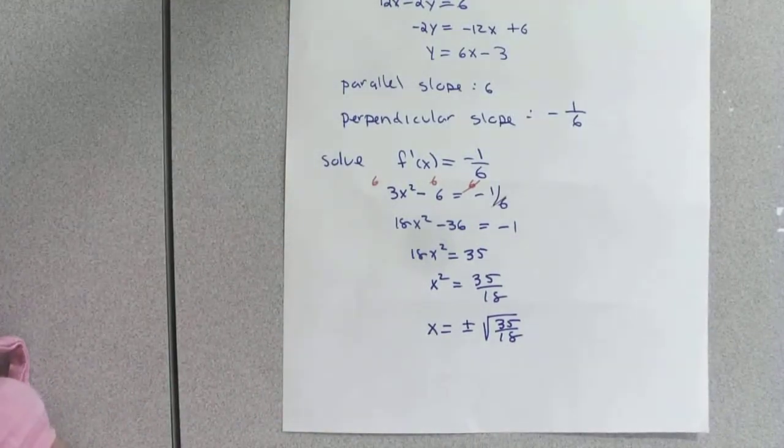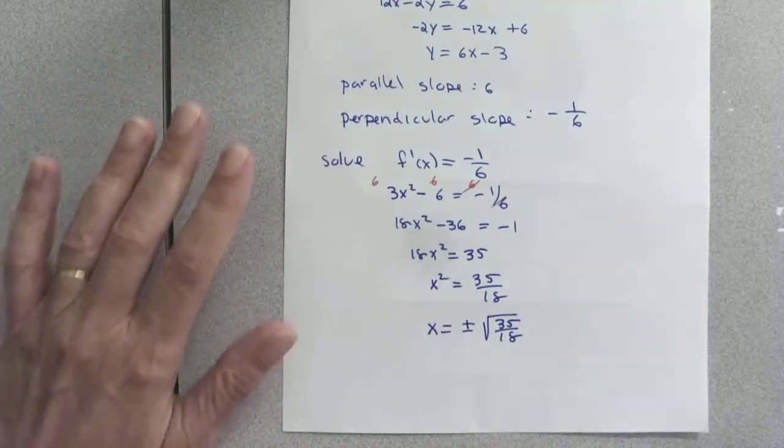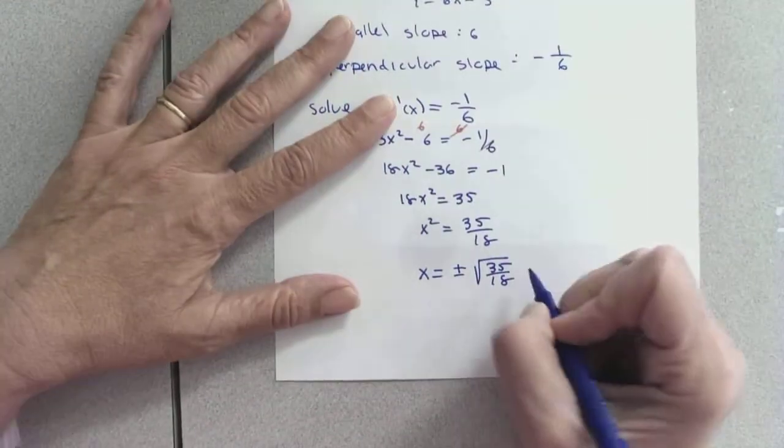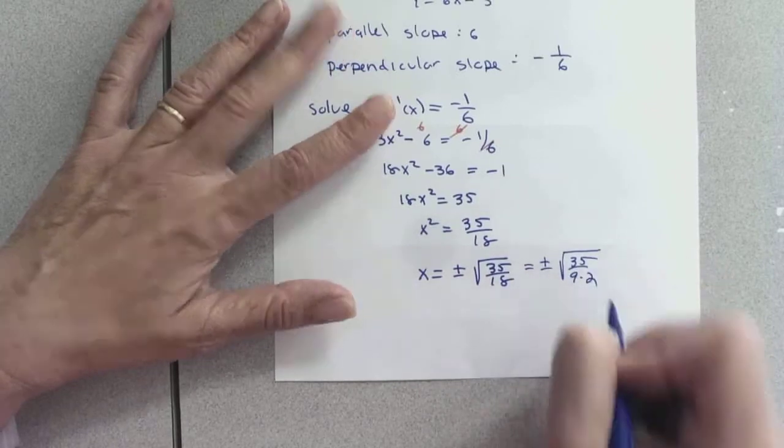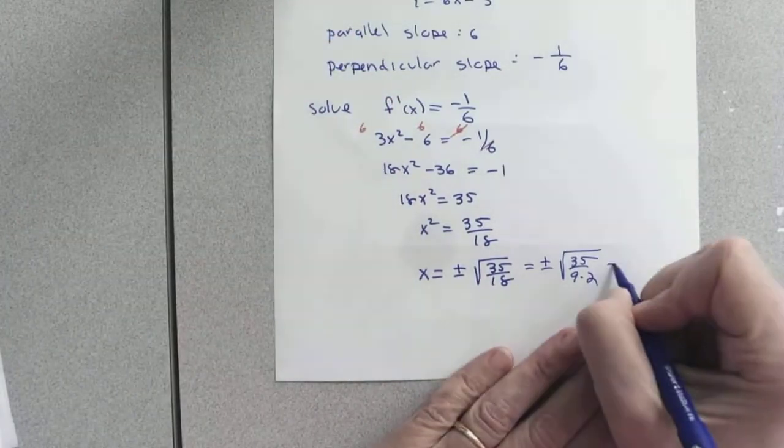I am cool with that answer. I'm fine with that answer. MyMathLab will probably simplify the 18, and if MyMathLab wants the 18 simplified, you should simplify it. Do not write me and tell me, oh, I didn't simplify it. If it's a matter of just simplifying a radical, simplify it. So we will go ahead and simplify that square root of 18 and practice the algebra a little bit there. That 18 is 9 times 2.